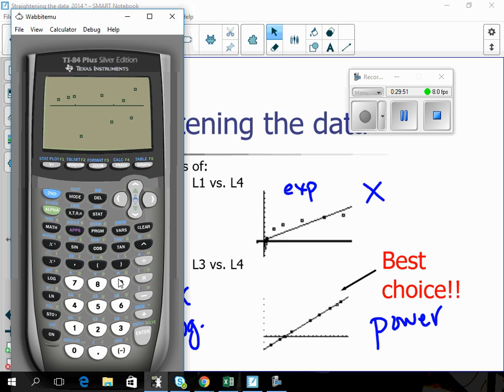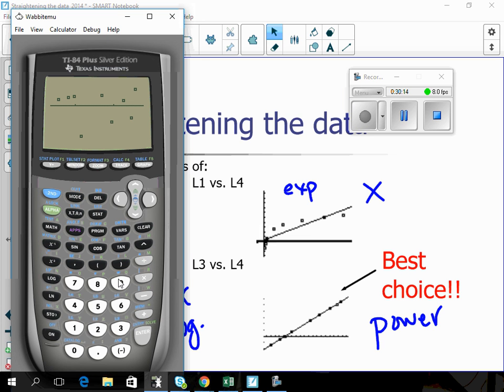Better than it was, would you agree? It's not as random, but would you agree that the variability is, what does the E stand for in linear? Equal, half above, half below?